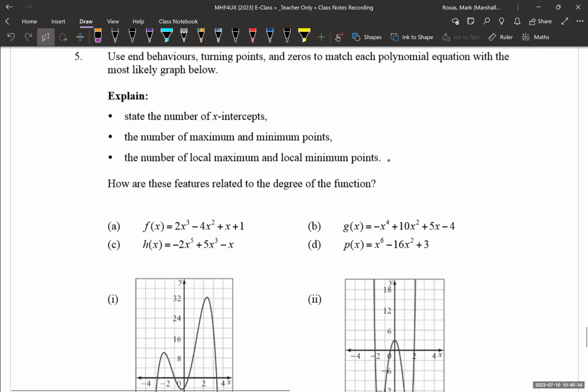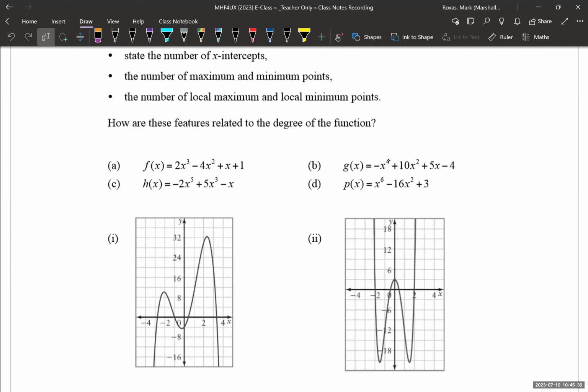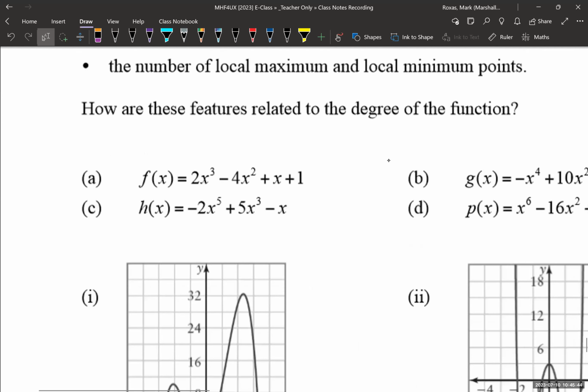Well, you can look at the function first and try to match it with a particular graph. Okay, so if I look at the first one, 2x cubed minus 4x squared plus x plus 1, I have a positive leading coefficient with an odd degree term there. So it's an odd degree function. So it's going to start at quadrant 3 and end at quadrant 1, right?